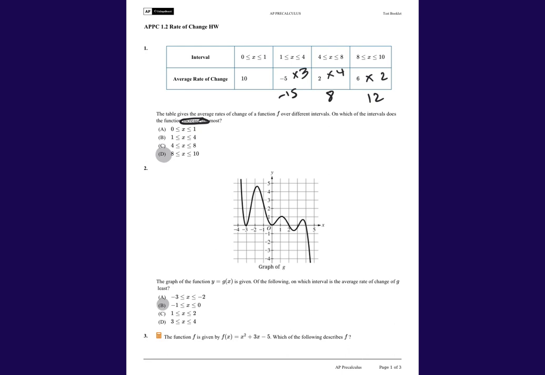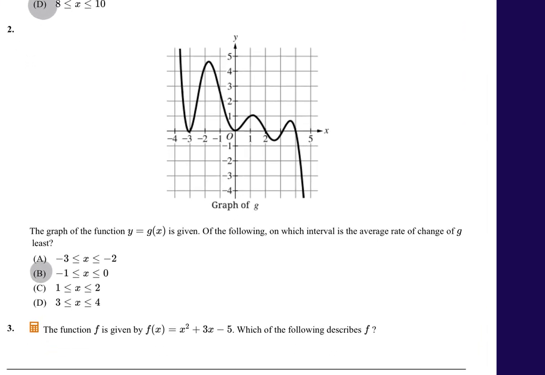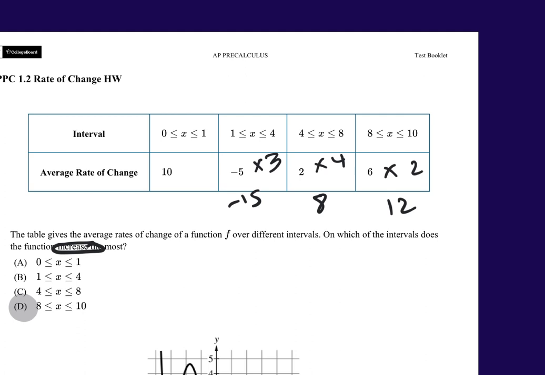It's one little word that changes everything. All right, 2 was the graph of the function, and it says which of the following is the average rate of change? Sorry, the least. Why did you do 6 times 2 for the last one? Because the interval here, the change in the x is 2. Here, the change in x is 4. Here, the change in x is 3.